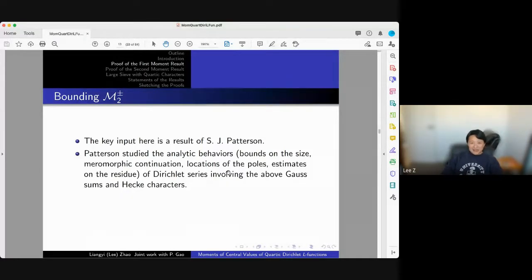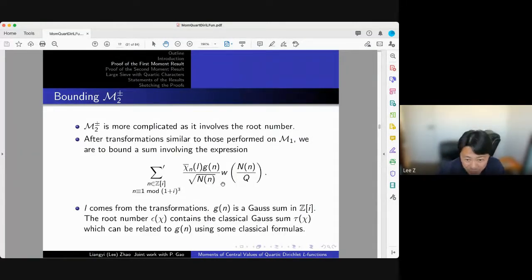Patterson studied the analytic behaviors of Dirichlet series involving Gauss sums and Hecke characters. If you take a look at this expression, it's precisely what we need. You have Gauss sums here, you have Hecke characters here, and it's a Dirichlet series, or really a Dirichlet polynomial, because this W has compact support.